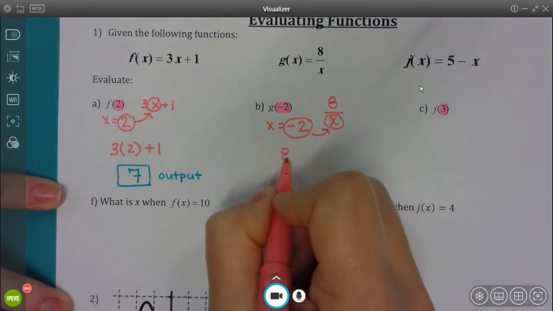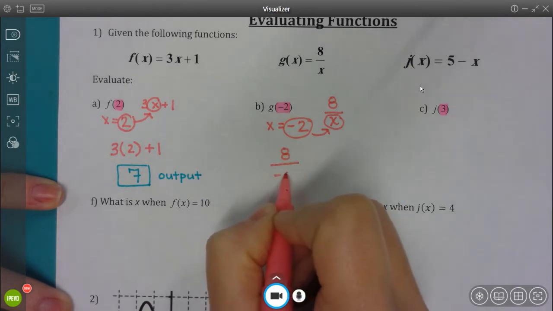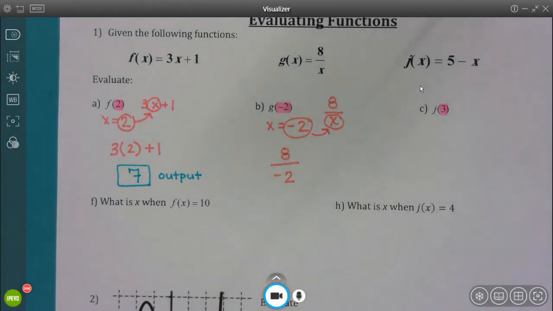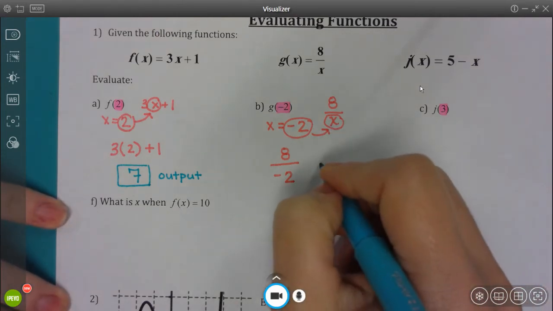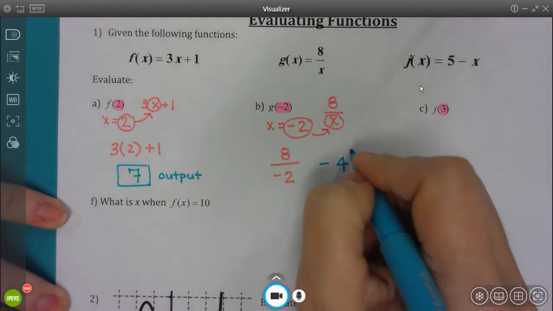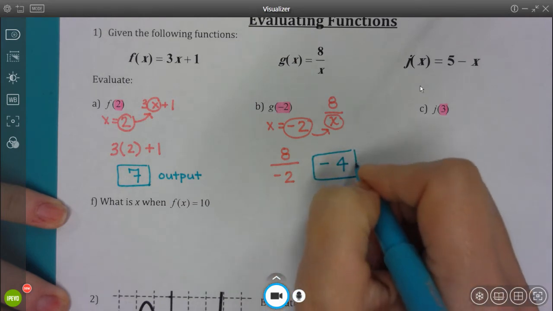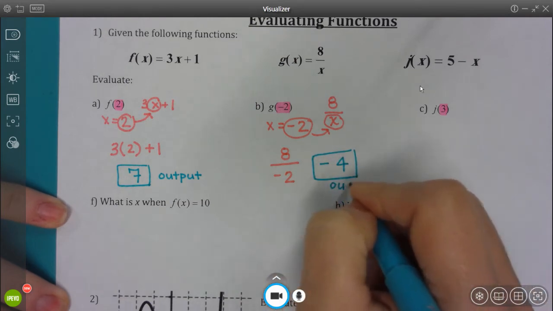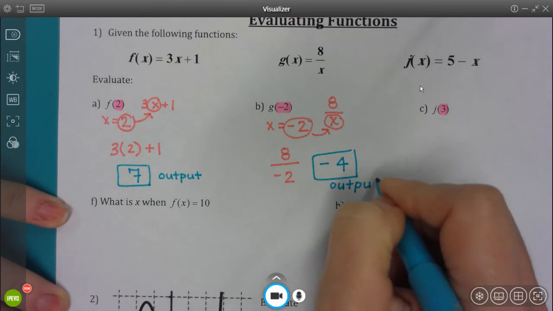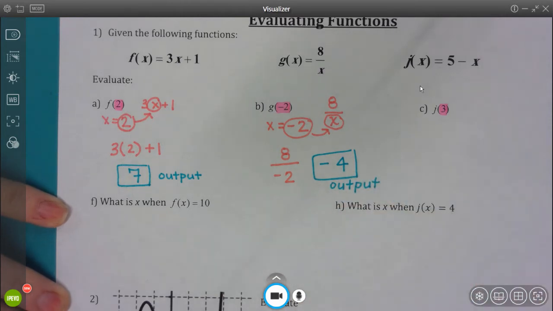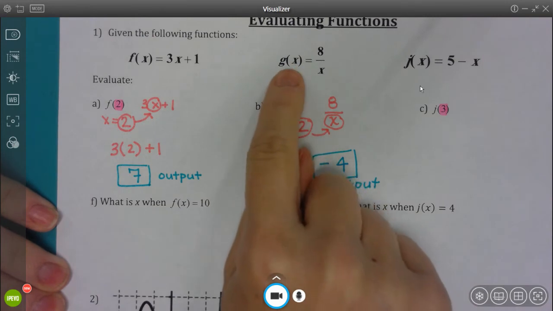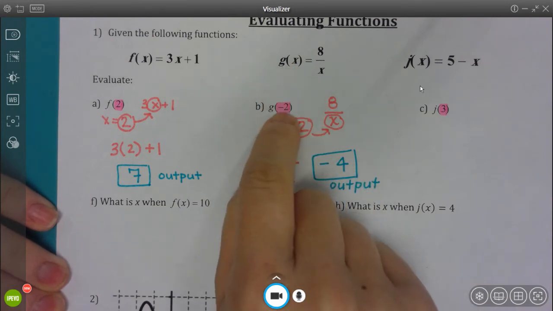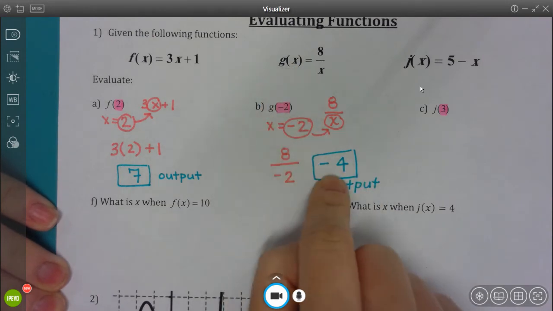So I'll have 8 divided by -2, and that answer is going to be our output. That will be -4. So we know our output value for function g when our input value is -2 turns out to be -4.